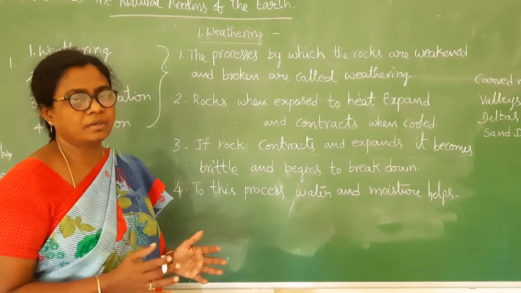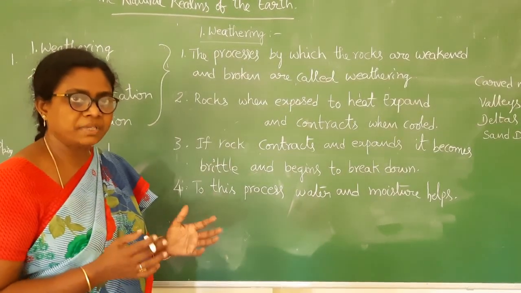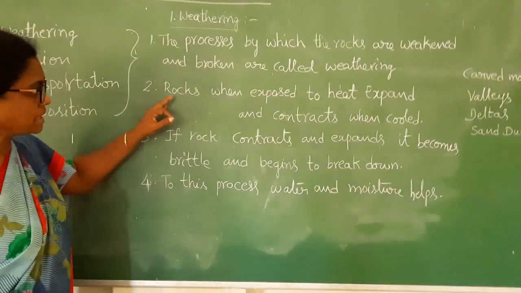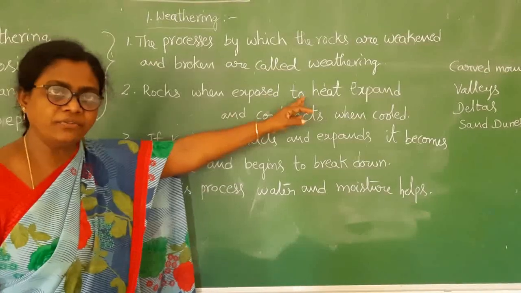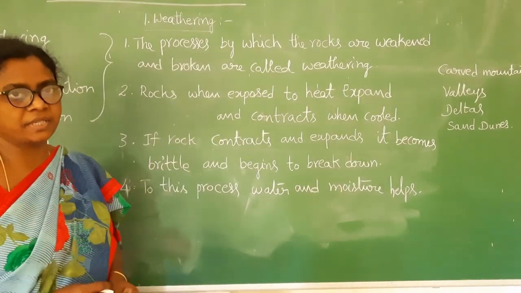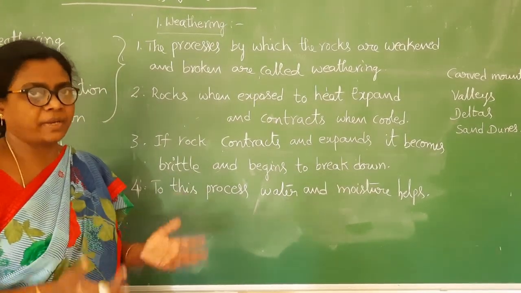The outer portion of the rock becomes weak. Then what happens? Because of heat, it expands. The outer layers of the rock or mountain expand.